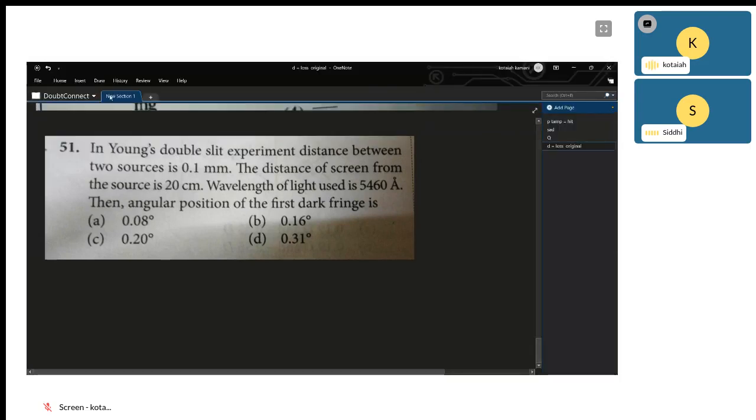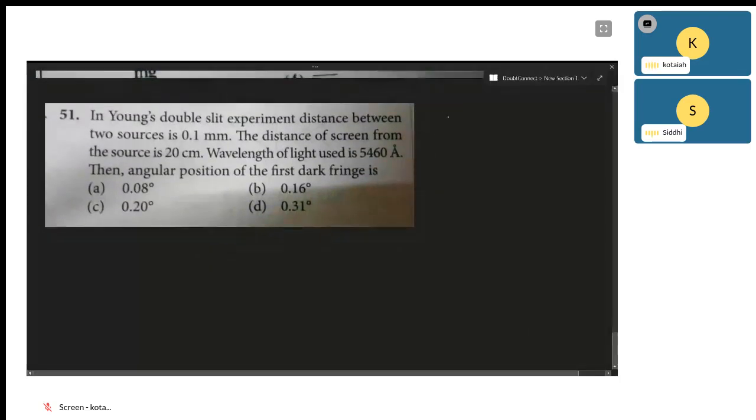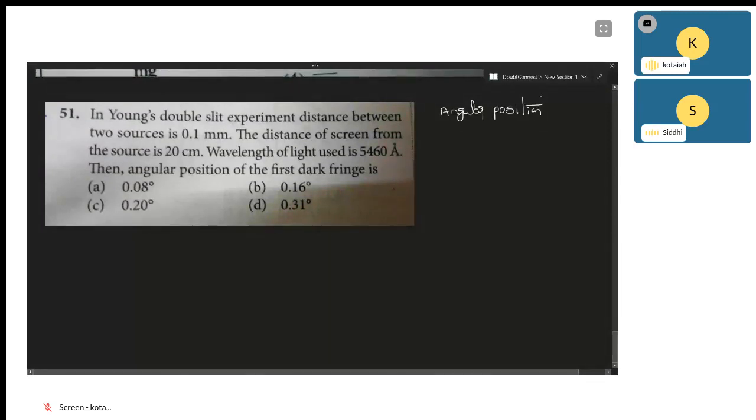Otherwise, if you can remember the formula, you can use it. Do you remember these concepts? What should be the path difference?